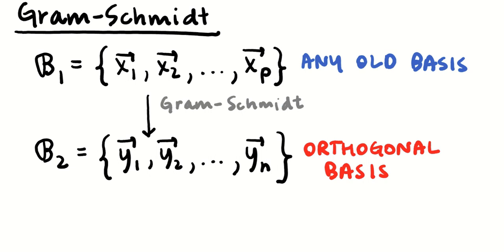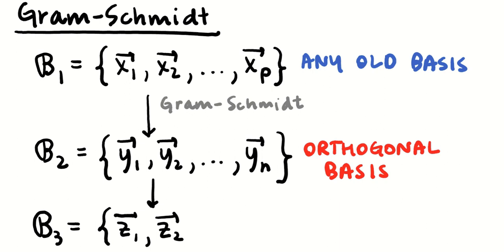But I know that if I've got a set of vectors and they aren't unit vectors and I want to suddenly make them unit vectors, it's not terribly difficult. I just need to divide by the length. And so that'll be kind of the last step, is that I'll get down to a third basis, z1, z2, up to, whoops, I meant to say zp, because in general, we say that there's p vectors in a basis to say that it's dimension p.